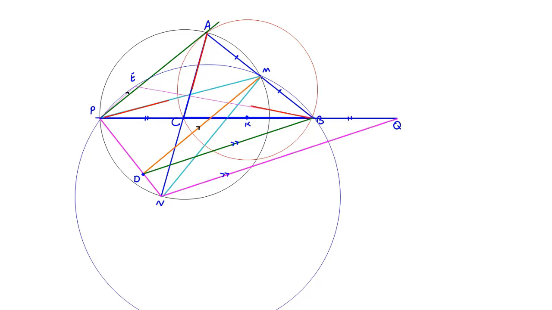We want to prove these three lines are concurrent in which triangle? This one, this one, this one: ABP. Now, at first we should find this angle over this angle, this over this, and this over this. If the product of them is 1, then by Ceva's theorem we can say these three lines are concurrent.